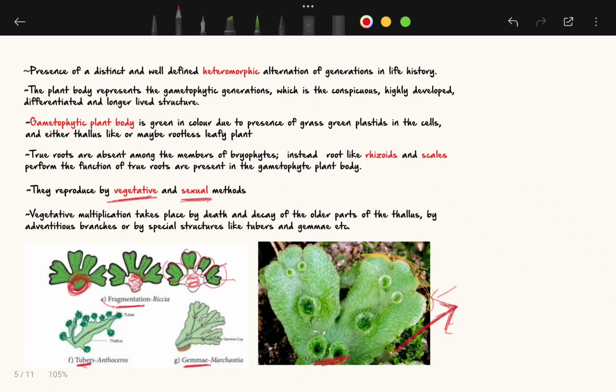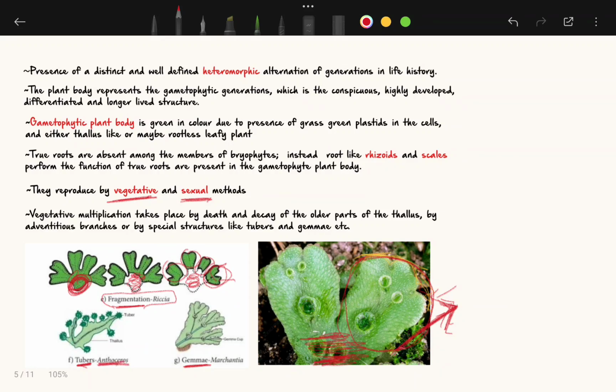So this is fragmentation. This is seen in Riccia. The apical portion keeps on growing, and as the plant body grows in size, the older portion decays, and each of the fragments gives rise to a new plant.